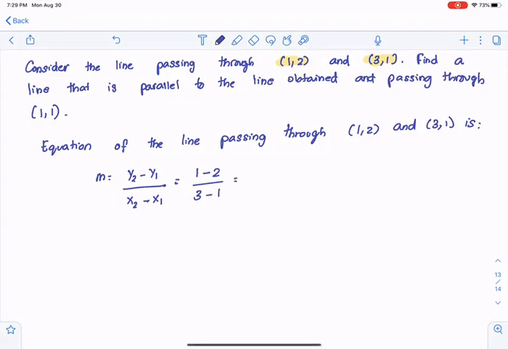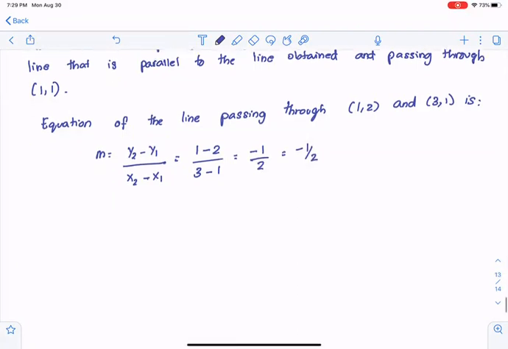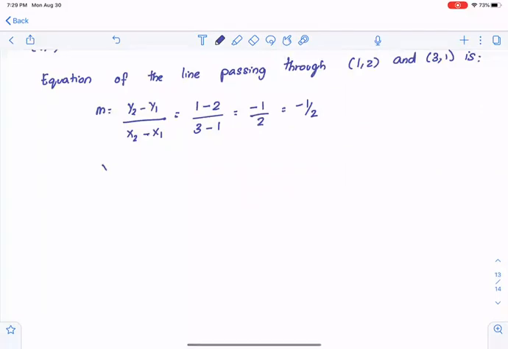So 1 minus 2 is negative 1, 3 minus 1 is 2, so we have negative one half. We have to find the y-intercept, so y equals mx plus b.